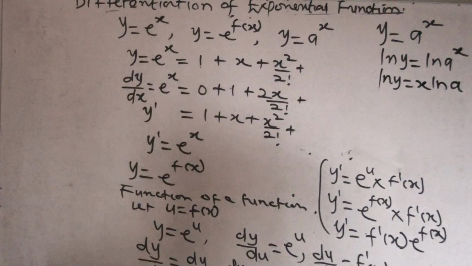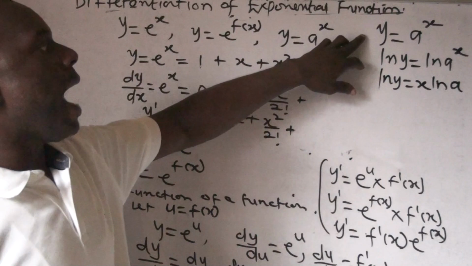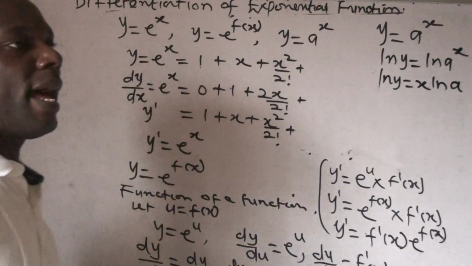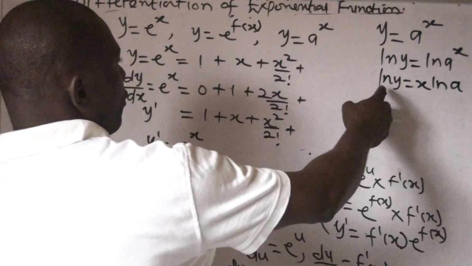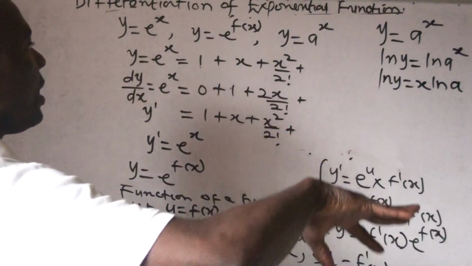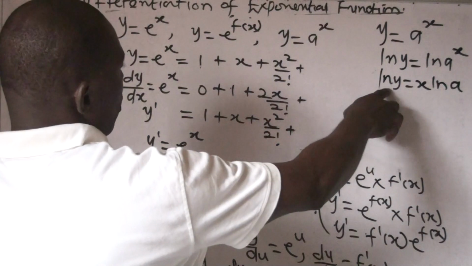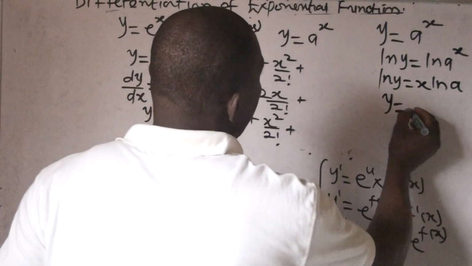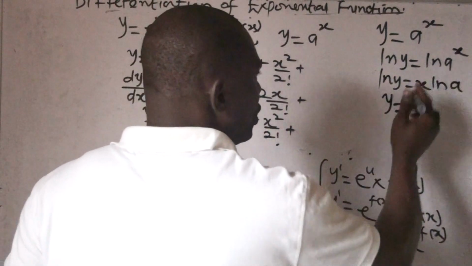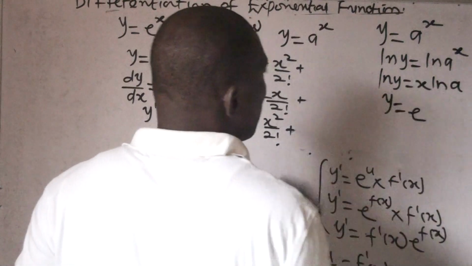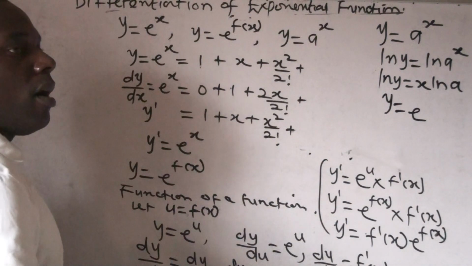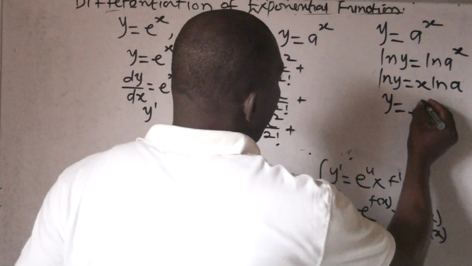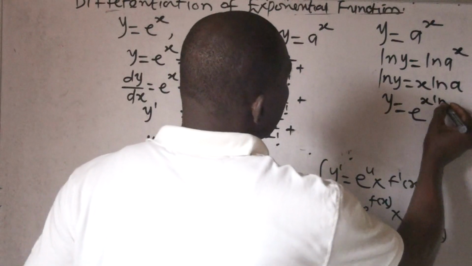But we are looking for y. Now let's make y the subject of the formula. From the law of logarithm, this y will become, with this ln moving this way, an exponent of the natural base: e raised to the power x ln a.